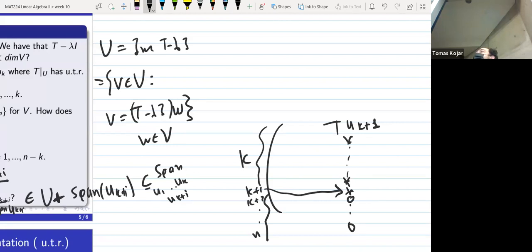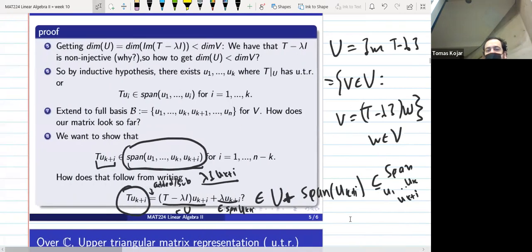Is that okay? So you got your upper triangle. That's it, and this is very constructive. This is called Schur decomposition. You start with some vector and you keep taking perpendicular subspaces to build the basis. The hard part is building the basis.